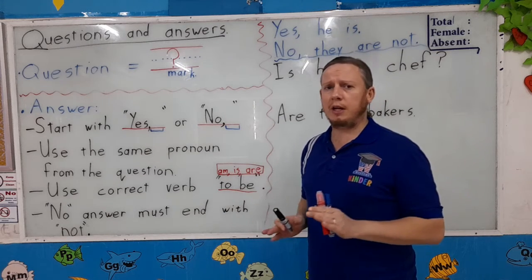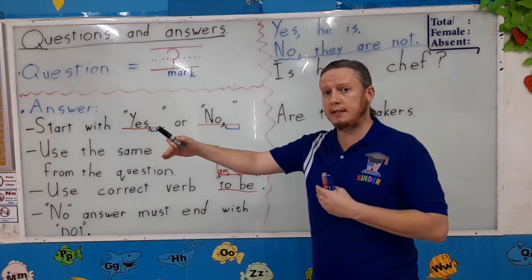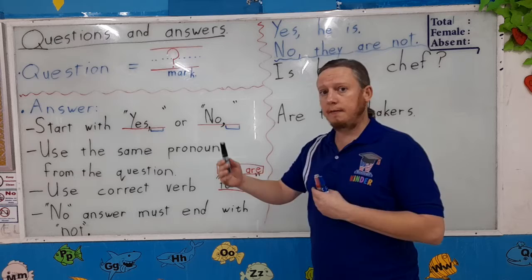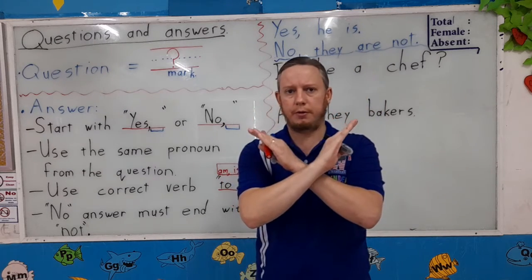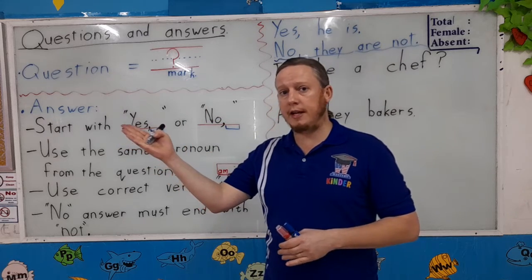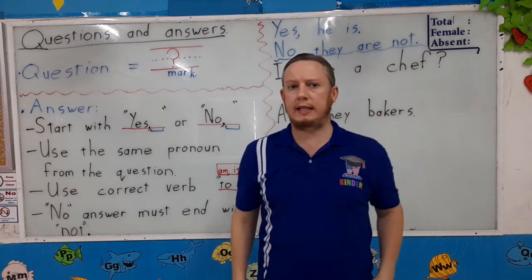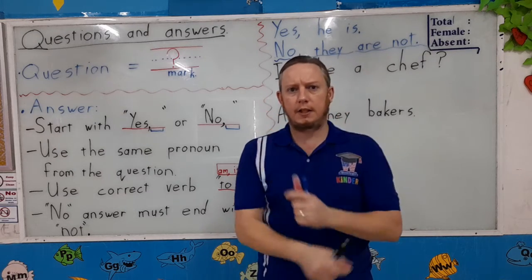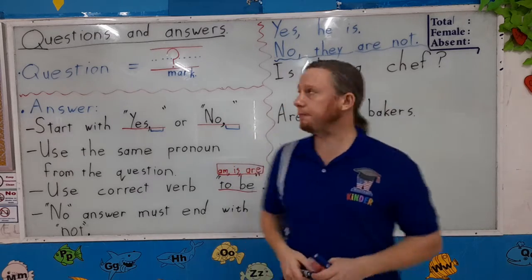But for now in grade 1, I just want you to remember at the end of a no sentence, the last word must be not. And not is a negative. Not true. Or no, not true. So we start the negative answer with no, and we finish. No, he is not. If you can remember that, your sentence answers are going to be beautiful.